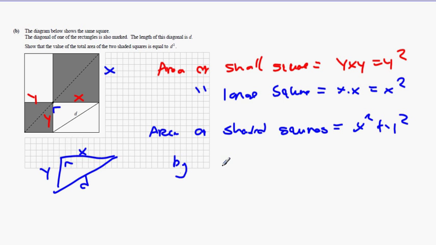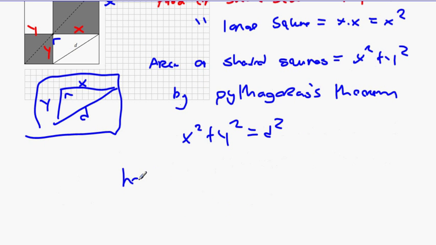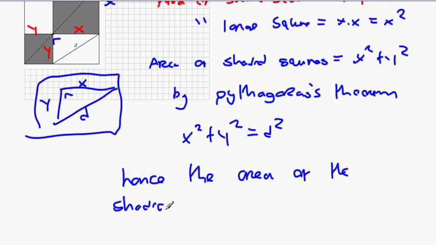By Pythagoras' theorem, x squared plus y squared equals d squared. This is using this triangle here, hence the area of the shaded regions is d squared.